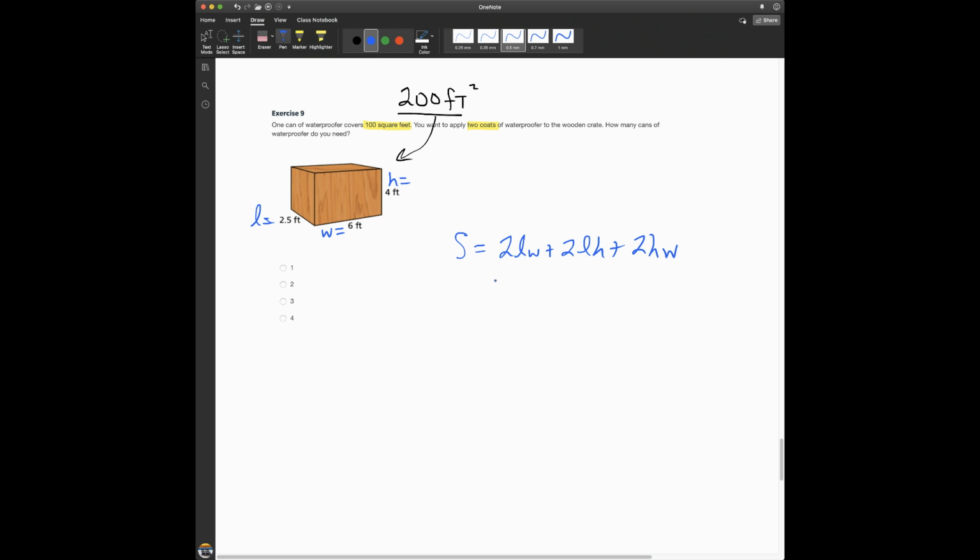Okay, so surface area equals, and I labeled the dimensions for you. So 2 times 2.5 times 6 plus 2 times 2.5 times 4 plus 2 times 4 times 6.